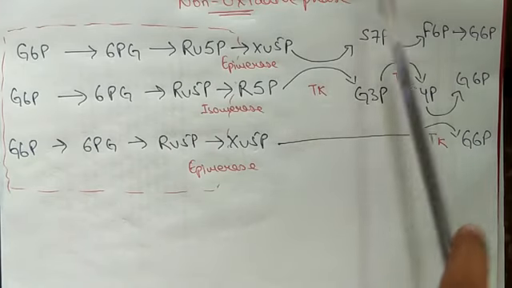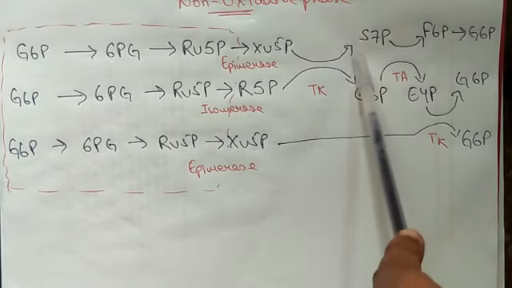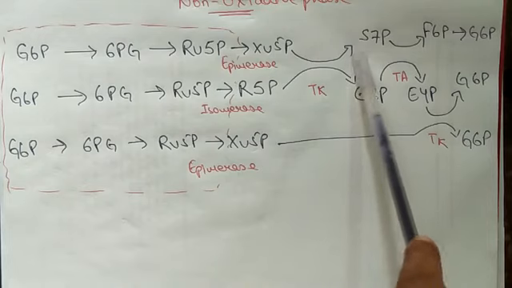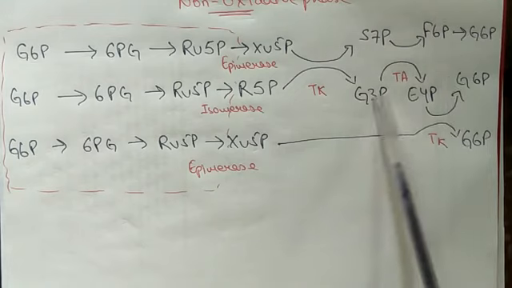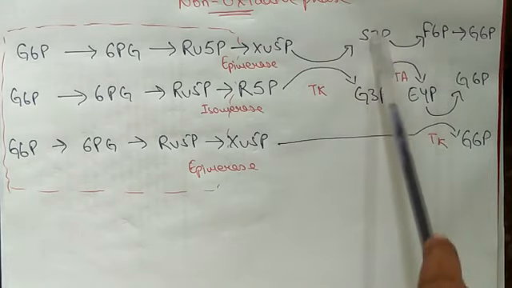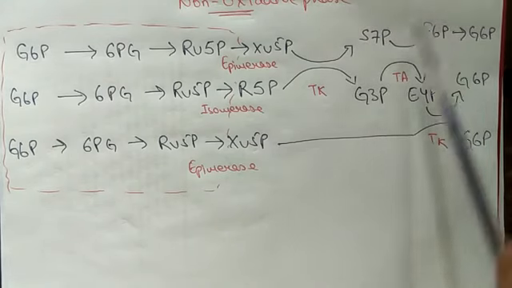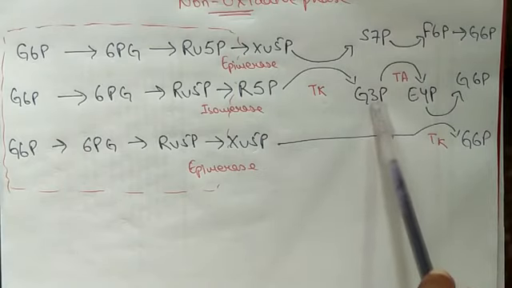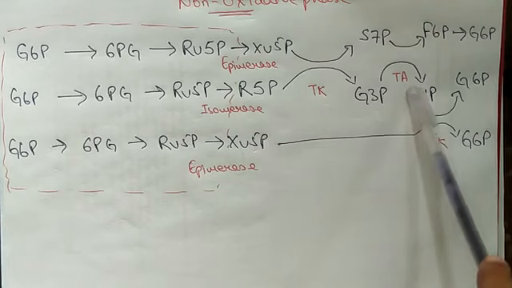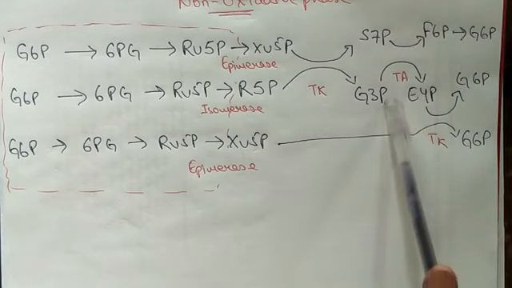And from here sedoheptulose 7-phosphate gets converted, in the presence of TA, that is transaldolase, to fructose 6-phosphate, and this G3P, that is glyceraldehyde 3-phosphate, gets converted into erythrose 4-phosphate. And what is TA, transaldolase?